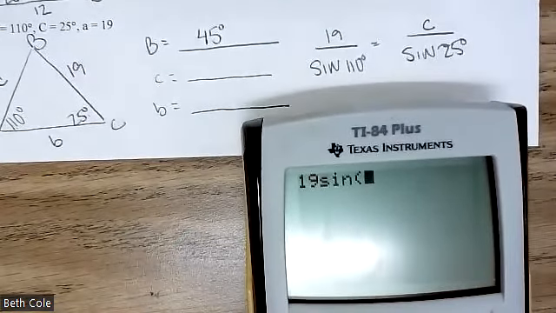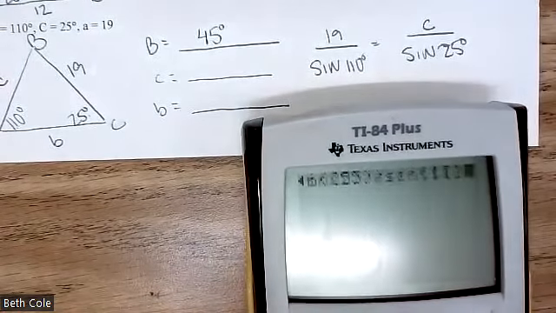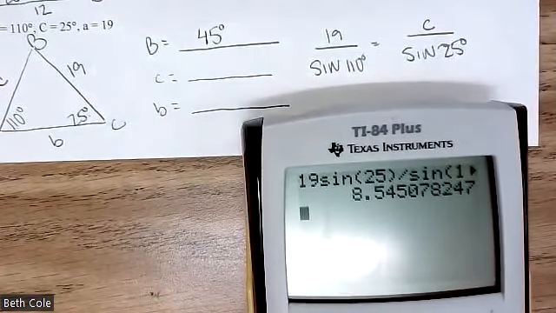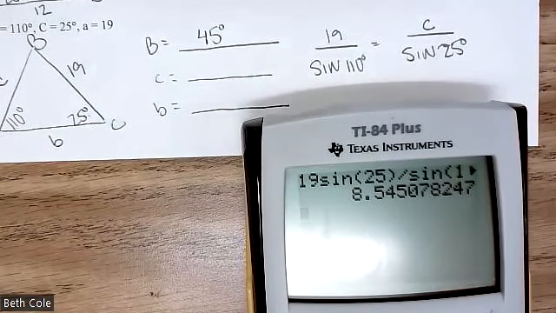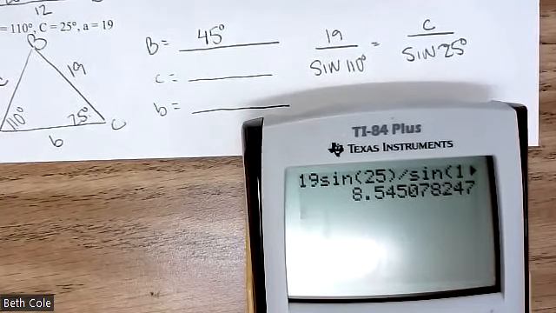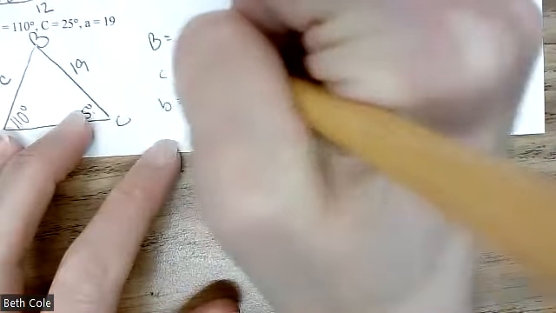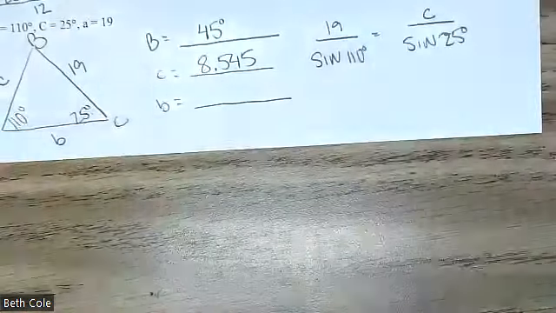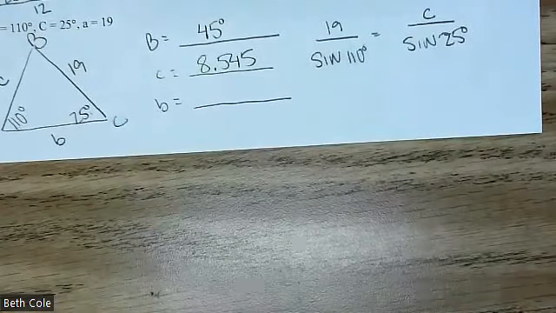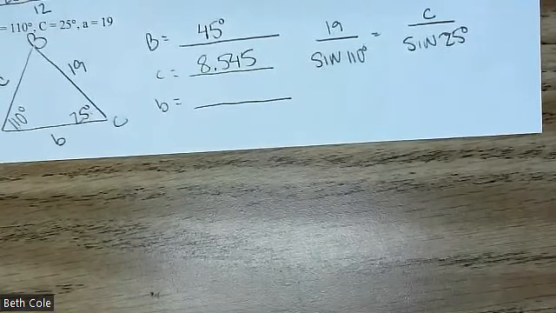It'll be 19 sine 25 divided by sine 110. Do you need me to look at your calculator? I didn't hear any complaining, so I'm going to assume we're okay.